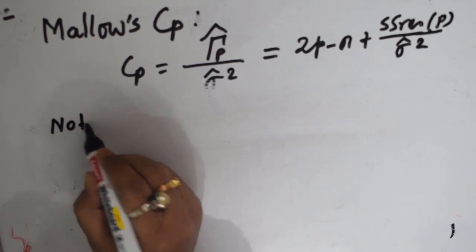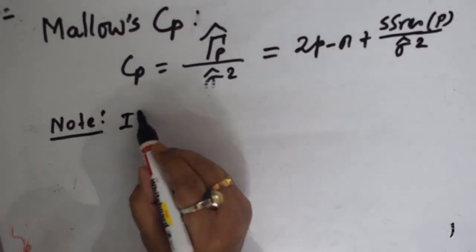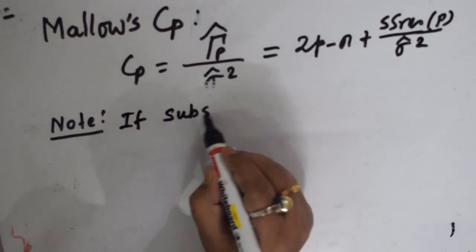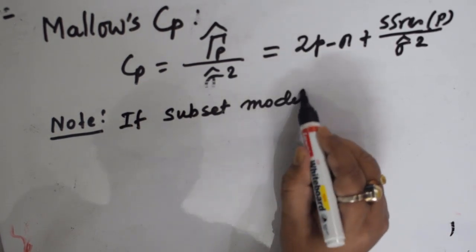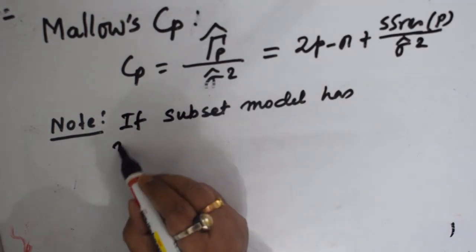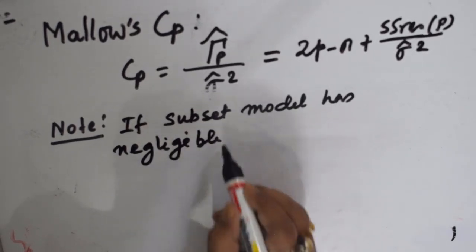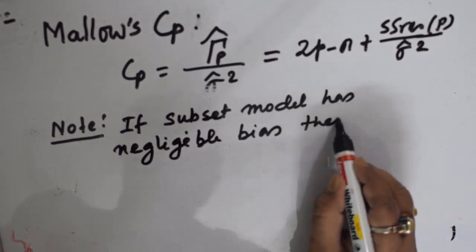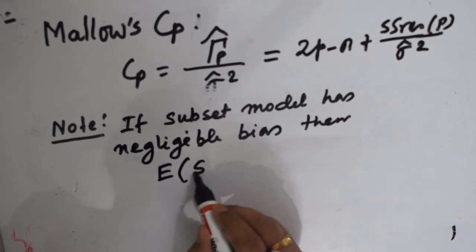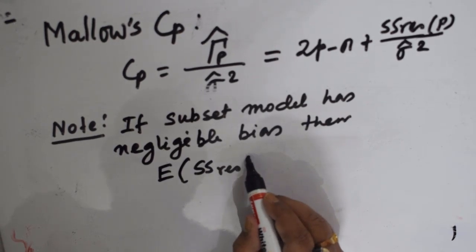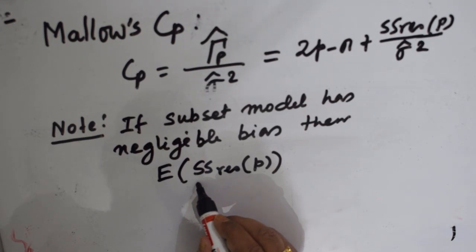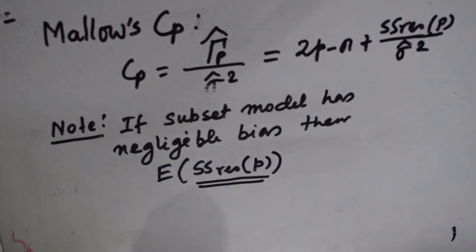Note, if a subset model has negligible bias, then the expectation of the sum of square due to residual, which we already proved for the subset model, is always an unbiased estimator of sigma square, even if x1 and x2 are orthogonal.